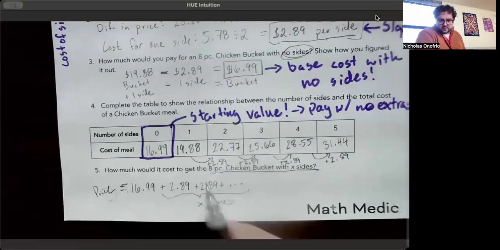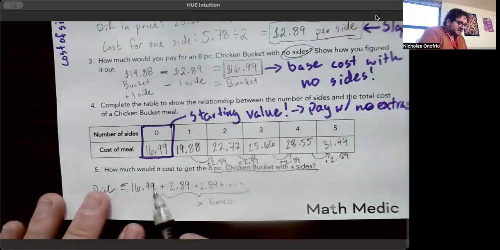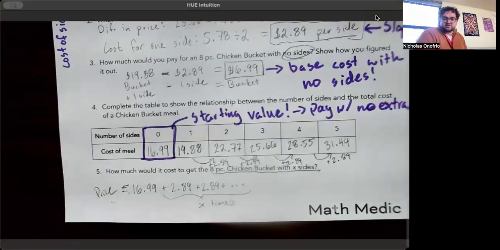Now, I don't know about you, but I don't want to write that. And so what we can do is refer to a trick we know, which is that repeated addition is the same thing as multiplication.